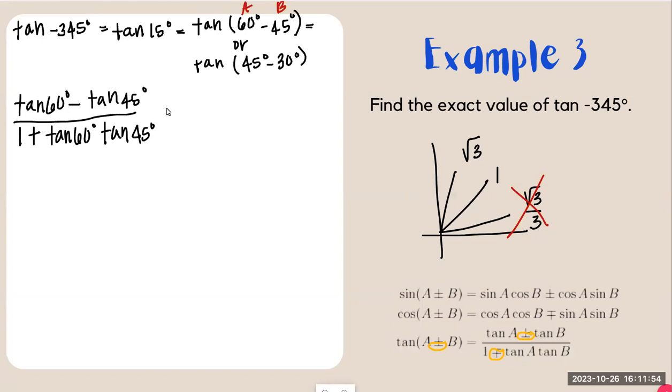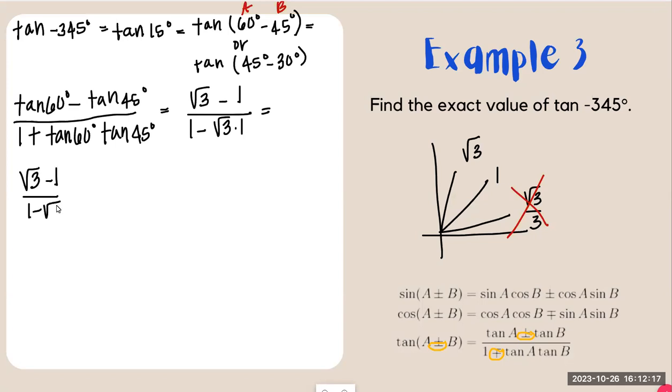Okay, we're going to go ahead and plug in the values. The tangent of 60 is square root of 3, and the tangent of 45 is 1. Again, this will be the square root of 3 times 1. And notice we are going to have to rationalize this denominator.